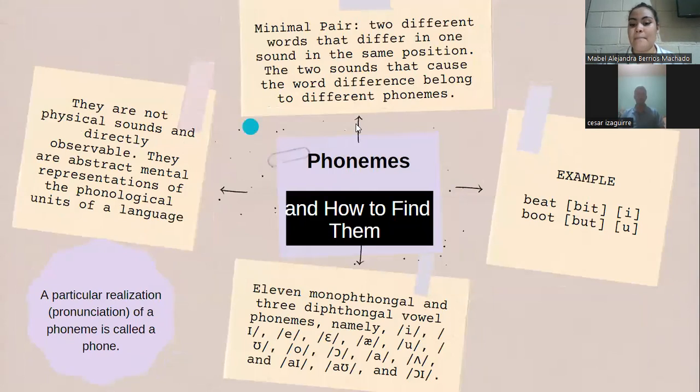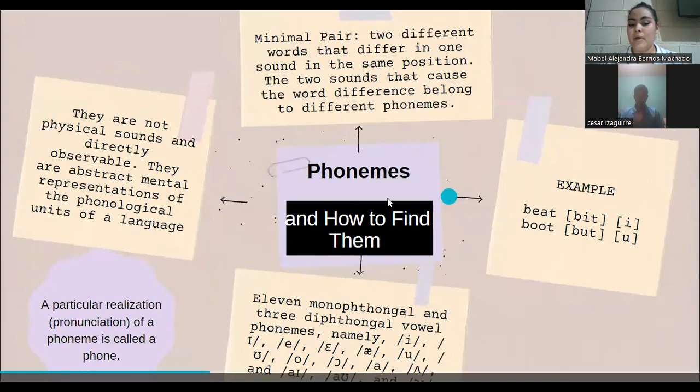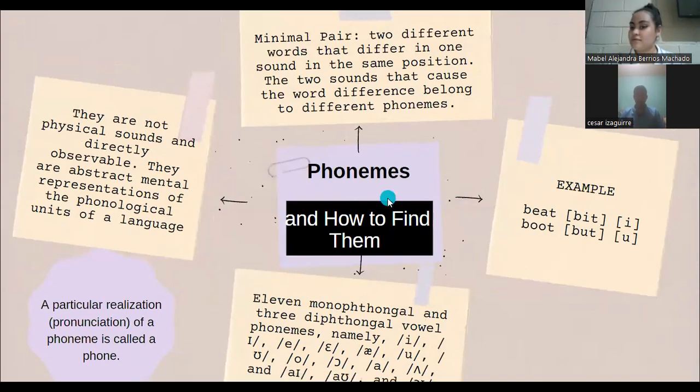And here we have a mind map about phonemes and how to find them. First of all, a phoneme is found through a minimal pair: two different words that differ in one sound at the same position. The two sounds that cause the word difference belong to different phonemes. They are not physical sounds directly observable.